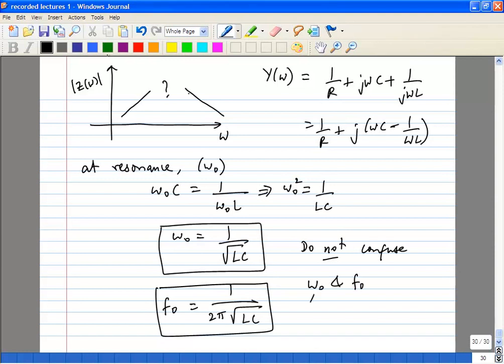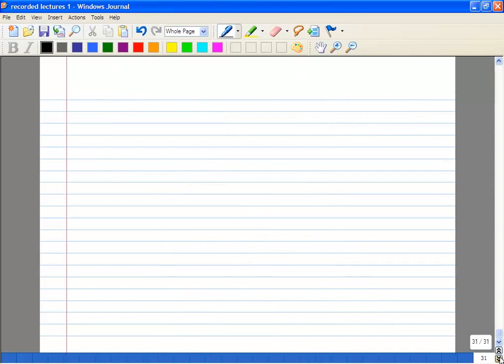This is radians per second and this is in hertz. Now we also know that Y of omega naught is 1 by R, which is purely resistive. So what that means is at resonance, your equivalent circuit is simply this.